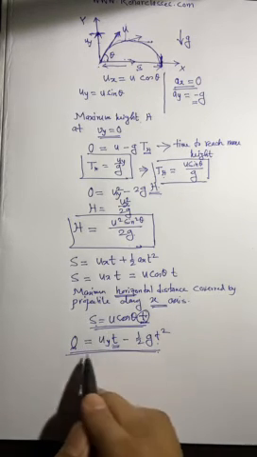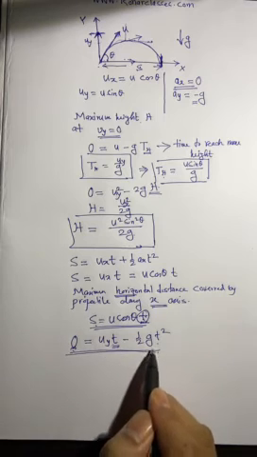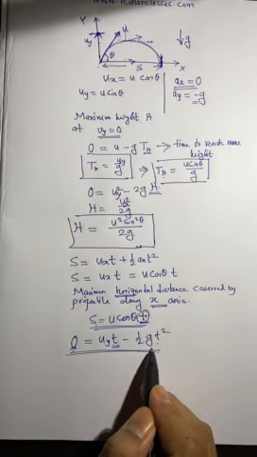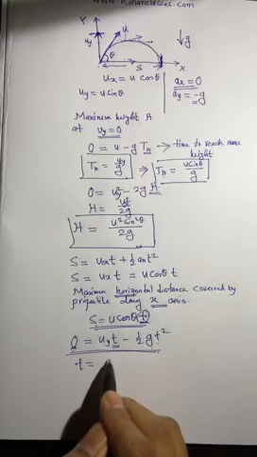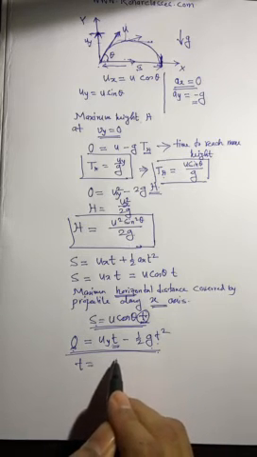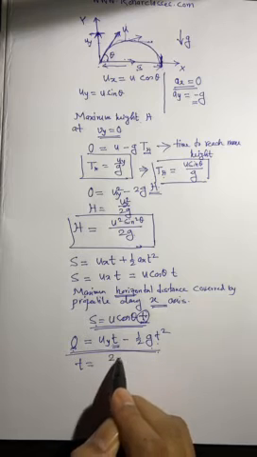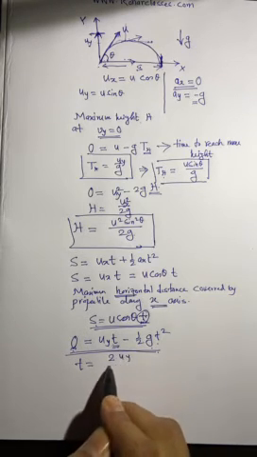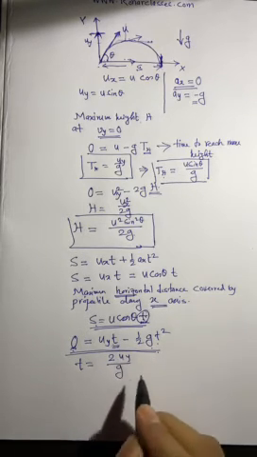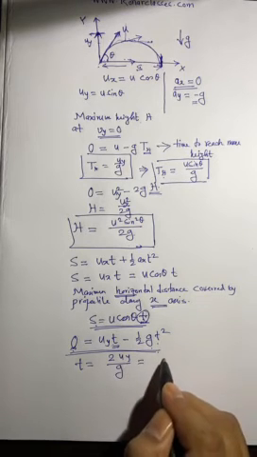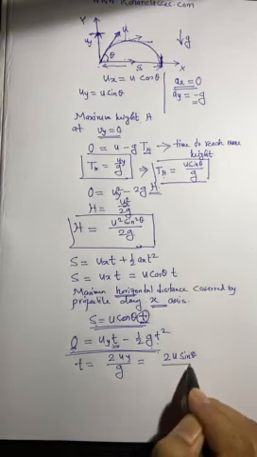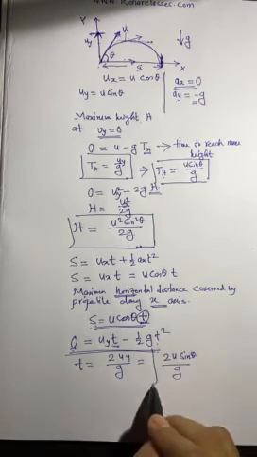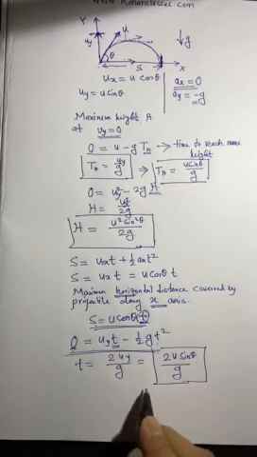From this equation we get t equal to 2 uy by g, and if we put in the value of uy, t equals 2u sine theta by g. So this is the total time of flight.